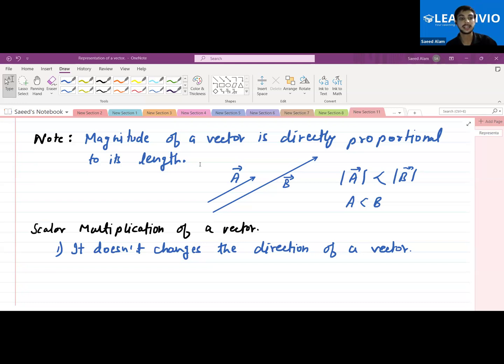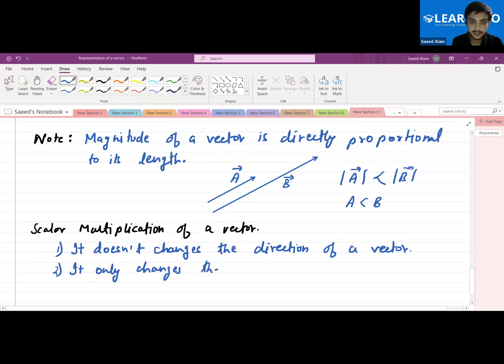Okay, so that means we had concluded one thing, that it does not change the direction of the vector. The second thing we had also concluded is that it only affects the magnitude of the vector. It only changes the magnitude of the vector. Understood? Yes or no?